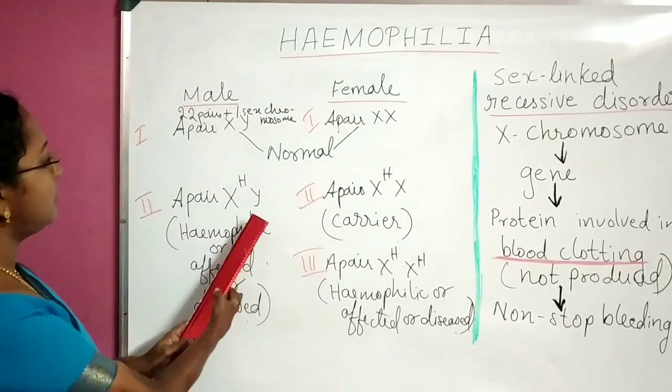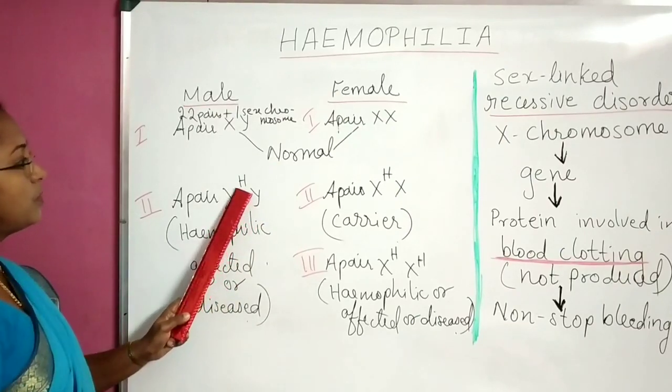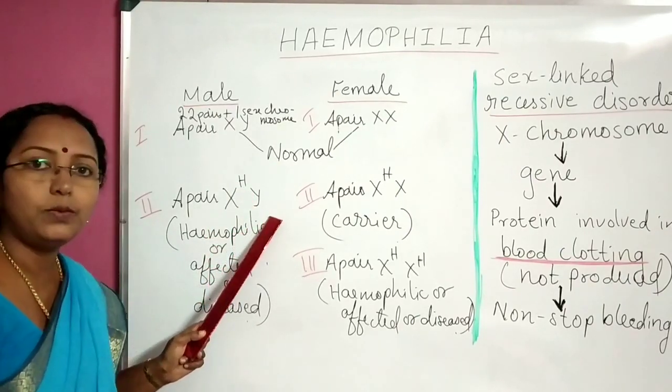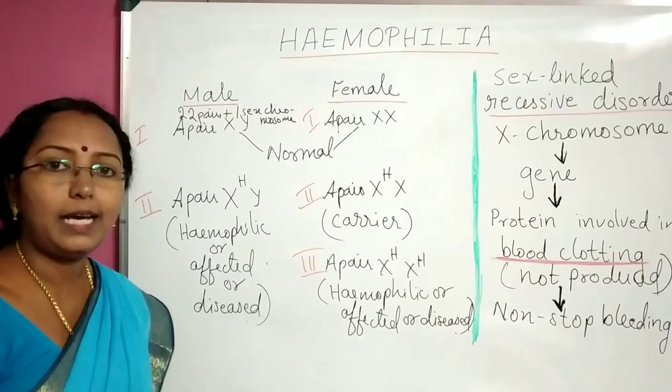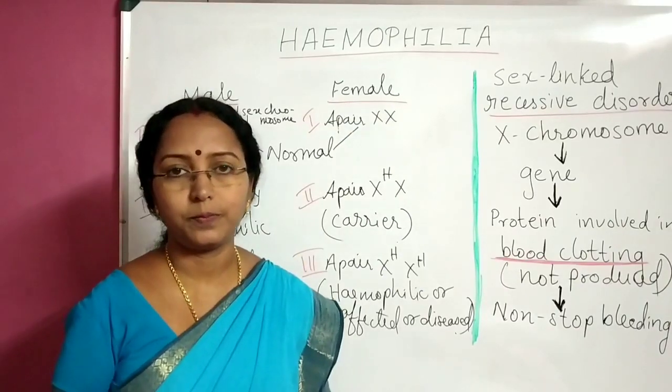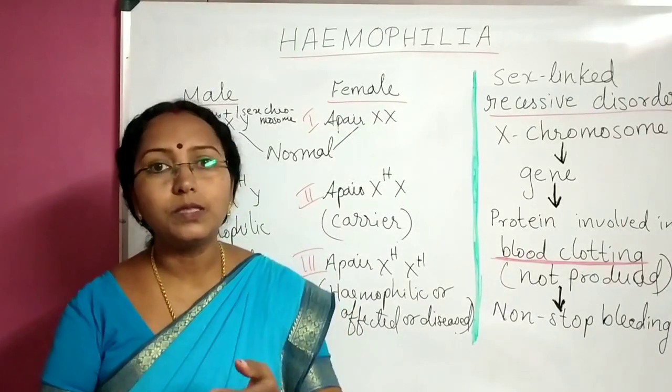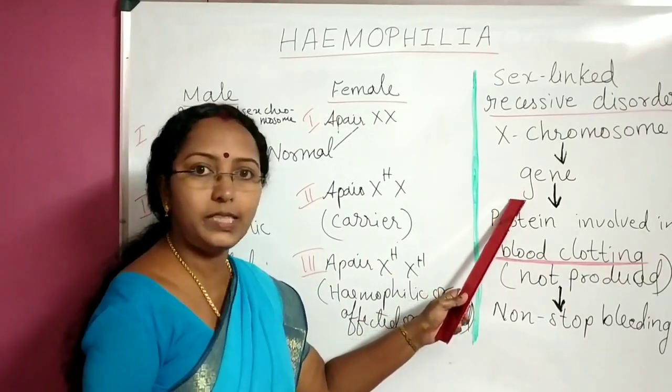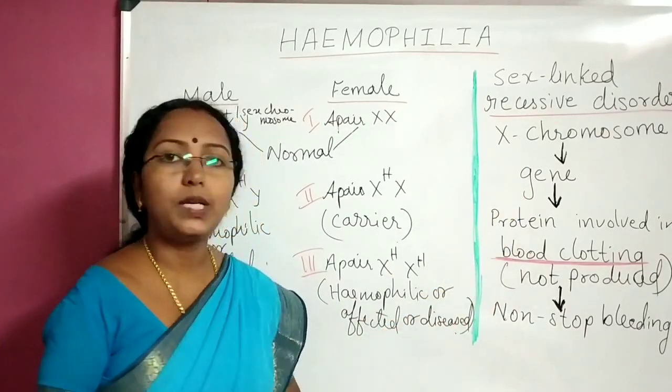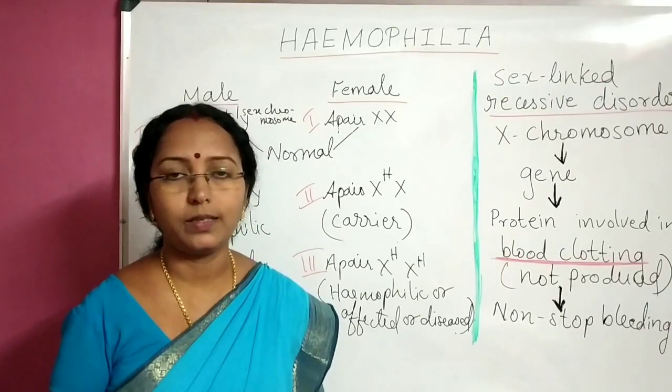Now look at this case, children. Here one X chromosome is affected. What about the other one? The other one is not X. It is a Y chromosome. Isn't it? So the Y chromosome will not have this gene to produce the protein involved in blood clotting.